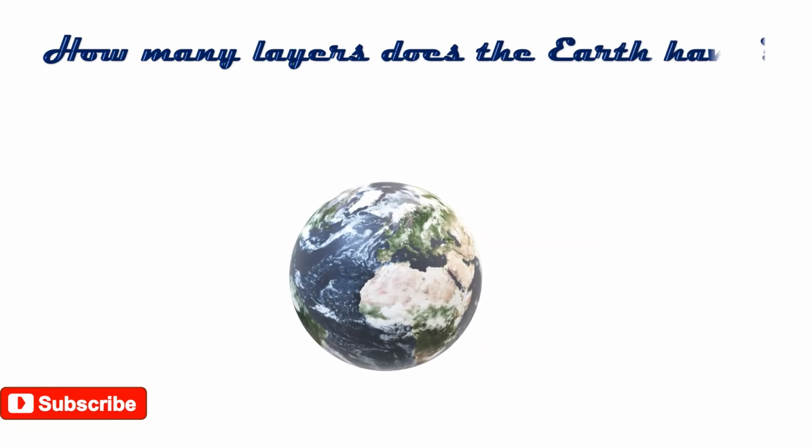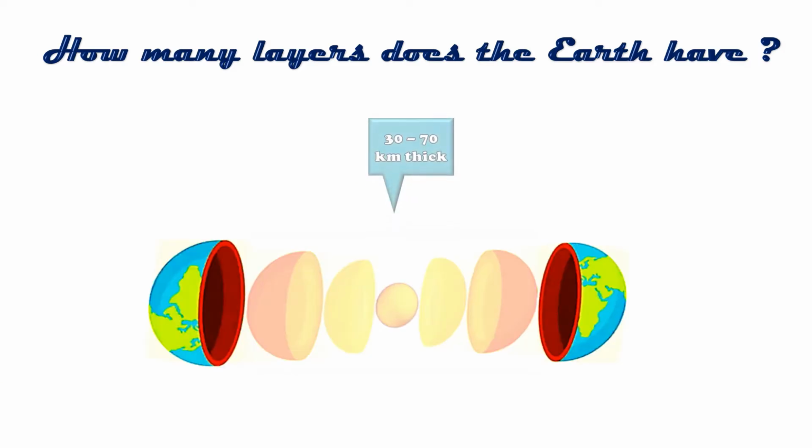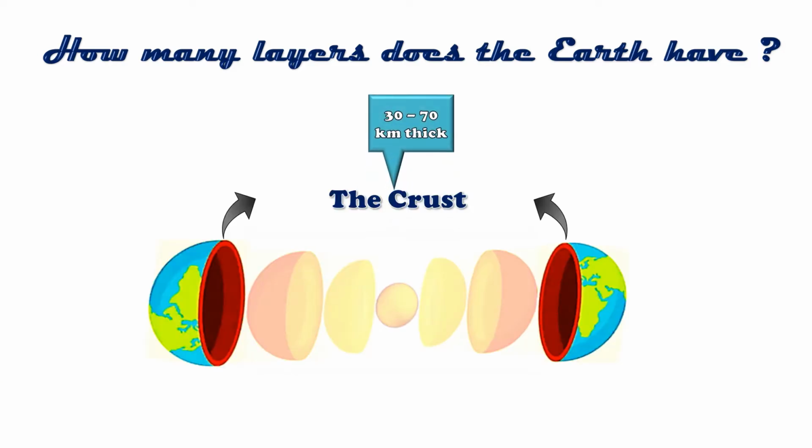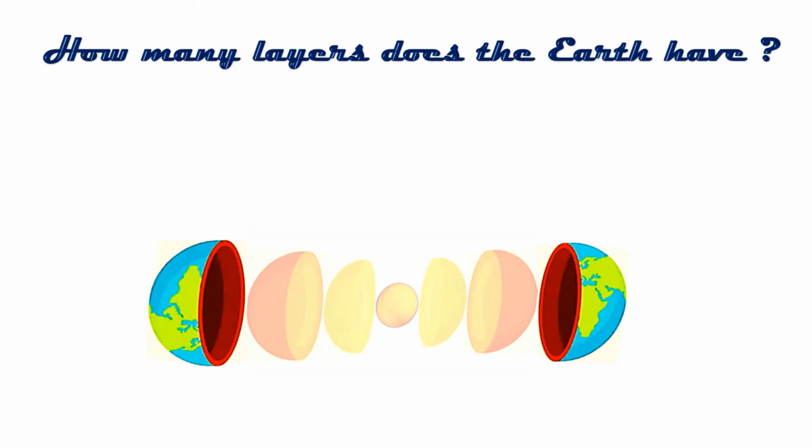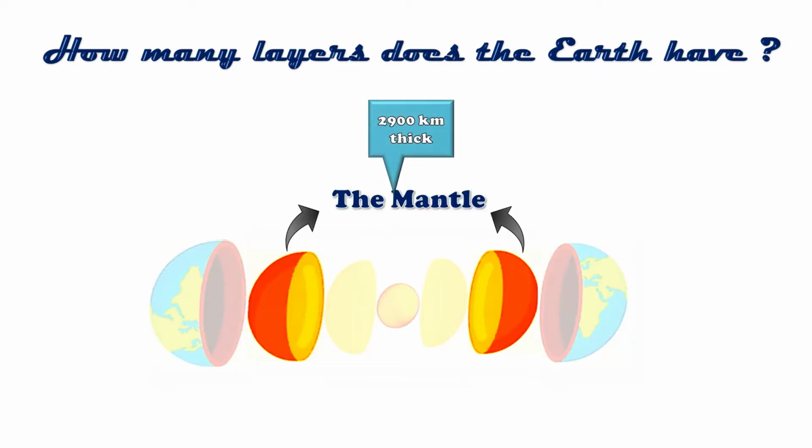The interior structure of the Earth is divided into three layers. They are the outer layer, which is called the crust. It is 30 to 70 km thick. The next layer is called the mantle, which is 2900 km thick.